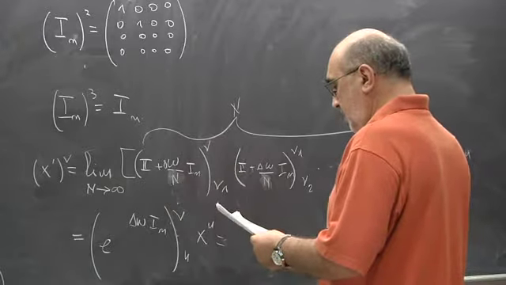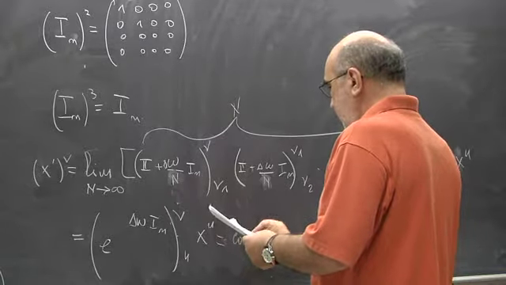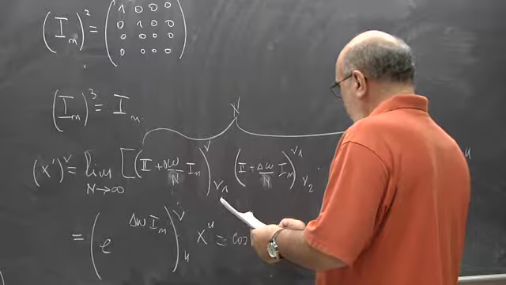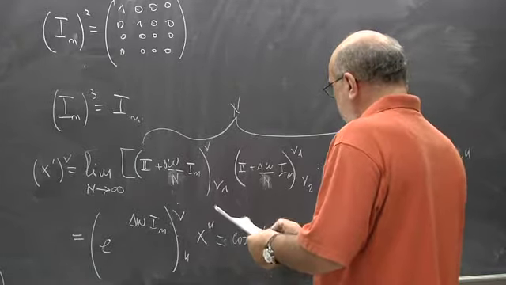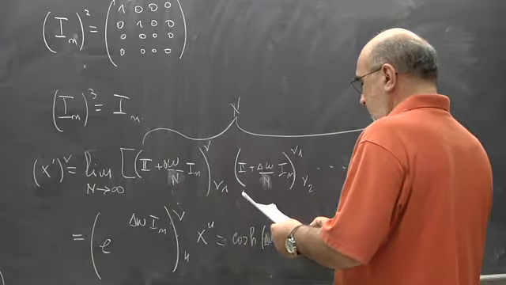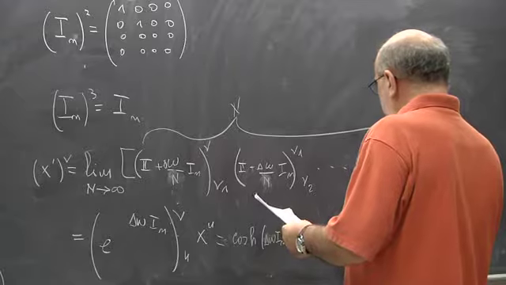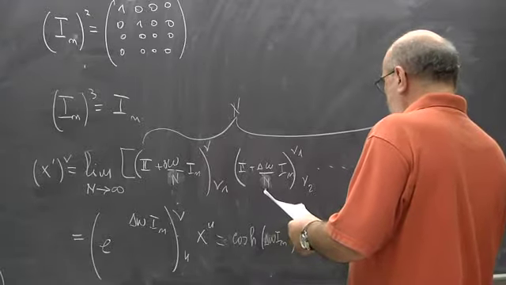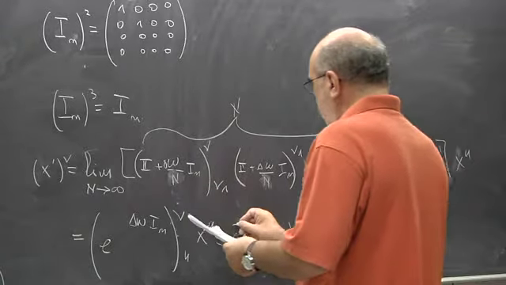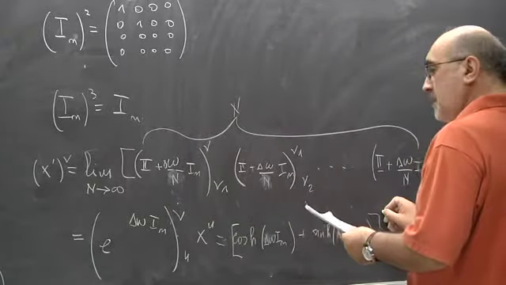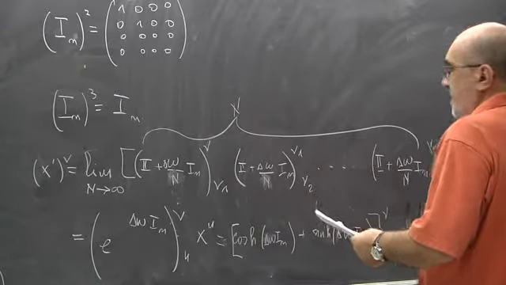So let's do it, and you get cosine hyperbolic of delta omega I n, plus sine hyperbolic delta omega I n, all these with index mu x mu.